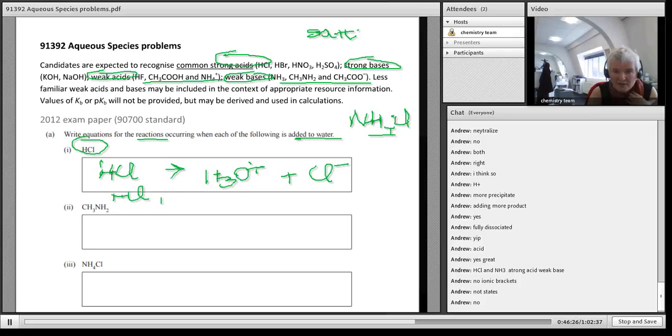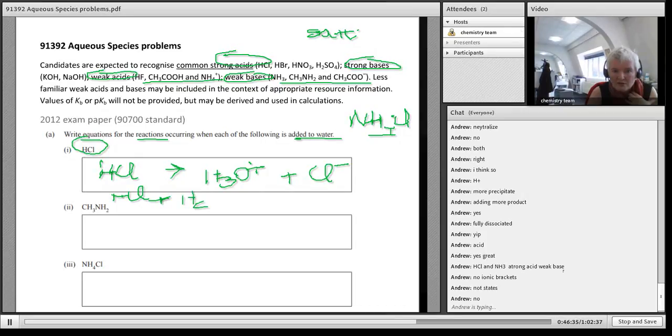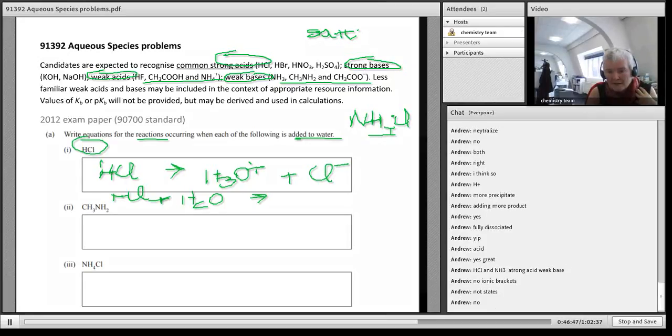HCl, I've got to say plus H2O. And I'm not going to spend time with the states simply because I'm struggling here a bit. But can you see you must put in the water? Okay, so if you put in the water, then it would be balanced, but also make the states.